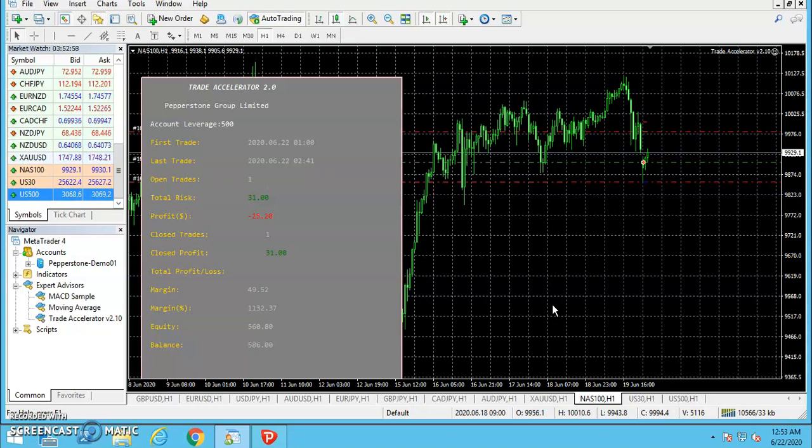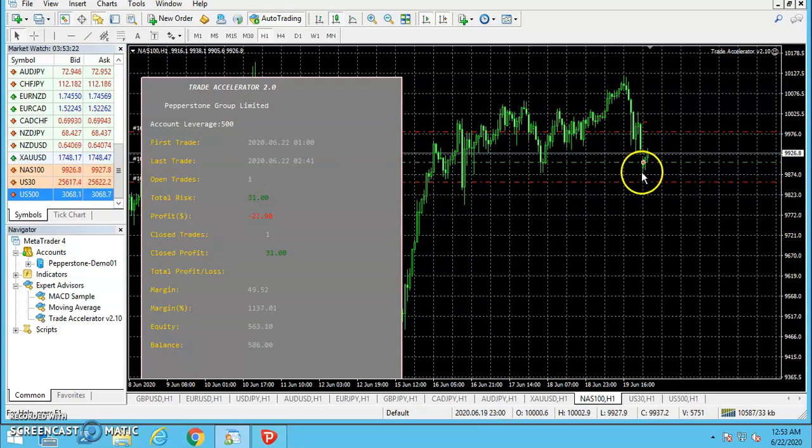Right now, the reason why I say that this software needs to run on a VPS is because, ladies and gentlemen, when you keep changing time frames and you keep switching off your trading platform, and you keep disconnecting your internet or switching off your laptop, then that interferes with the logic of the code.